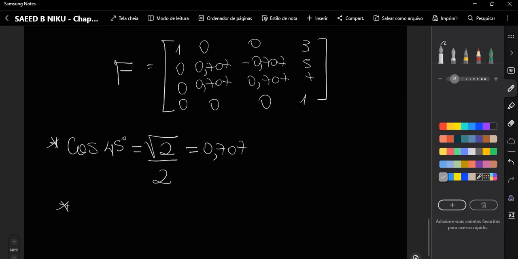And of course, for sine, we have minus 0.707.